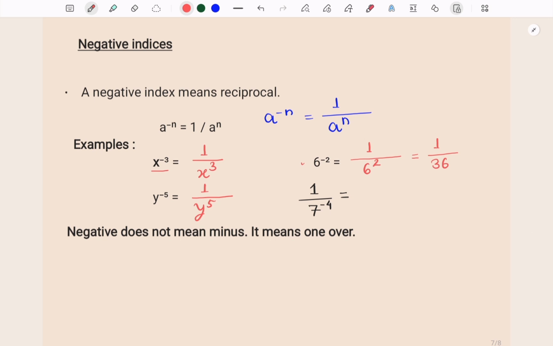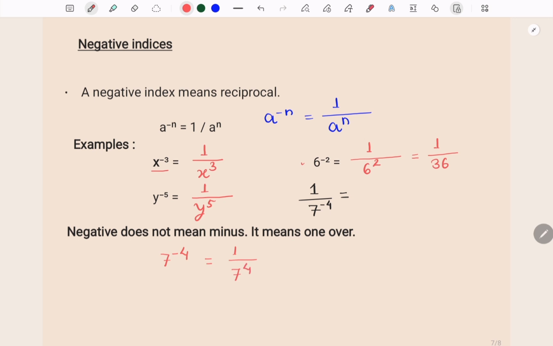The last example is very interesting. We have 1 over 7 raised to the power minus 4. Let's first talk about 7 raised to the power minus 4. 7 raised to the power minus 4 is nothing but 1 over 7 raised to the power 4.